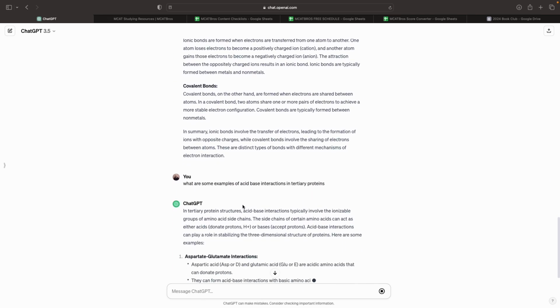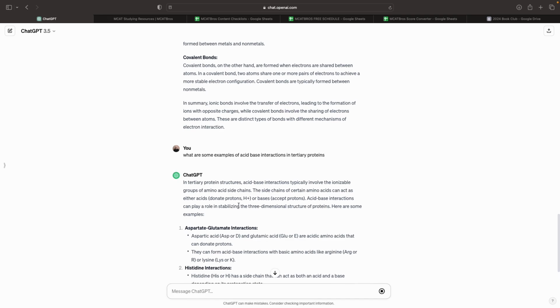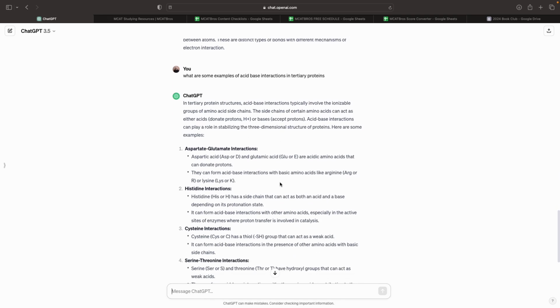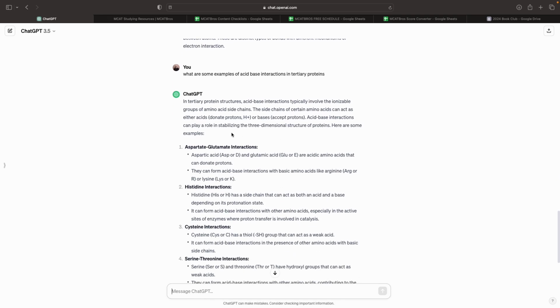In tertiary proteins, acid-base interactions typically involve the ionizable groups of amino acid side chains. These side chains of certain amino acids can act as either acids, donating protons, or bases, accepting protons. So now we're talking about donation and acceptance not of electrons, but of protons, known as hydrogen plus. So acid-base interactions can play a role in stabilizing the three-dimensional structure of proteins.